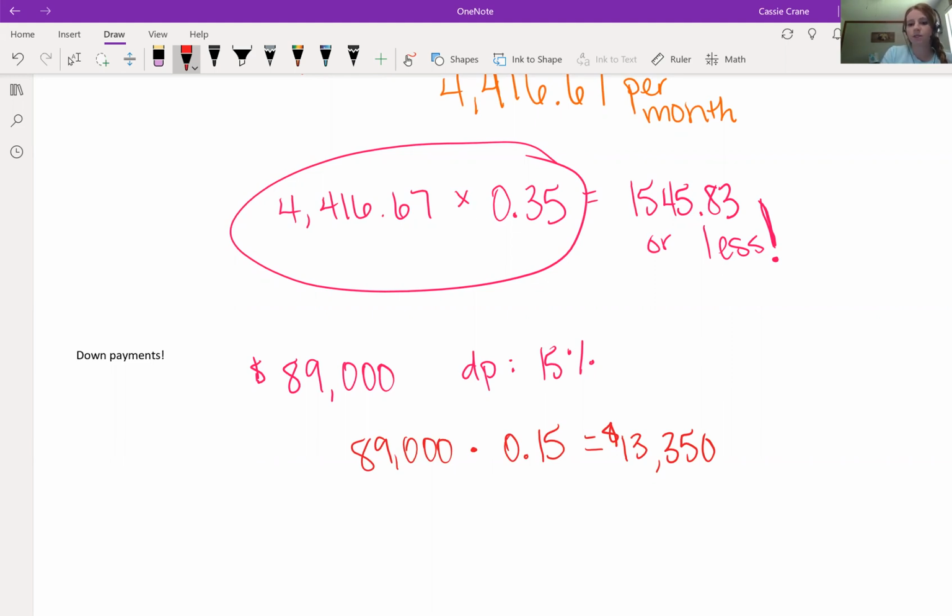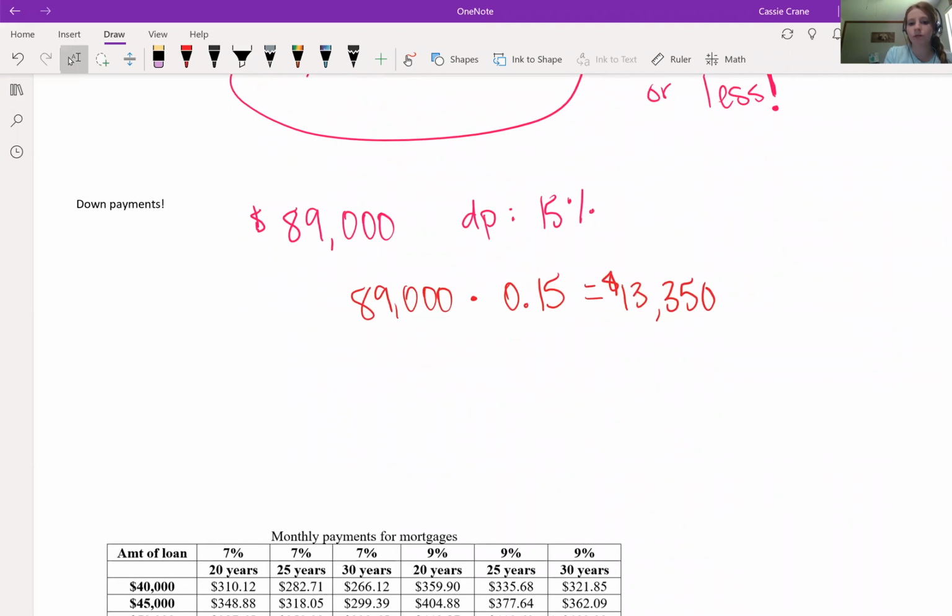And when we determine how much our loan would be for, we take that away from this number. So if we put down $13,350, we're going to take it away from the $89,000 that we started with, because this much is going to be out of the way.